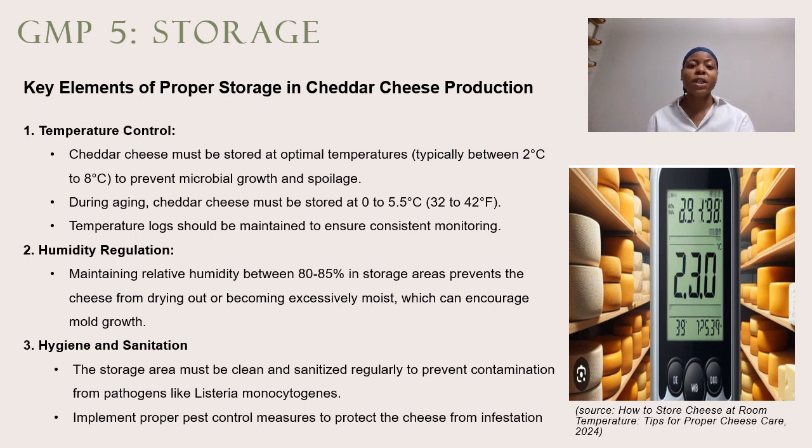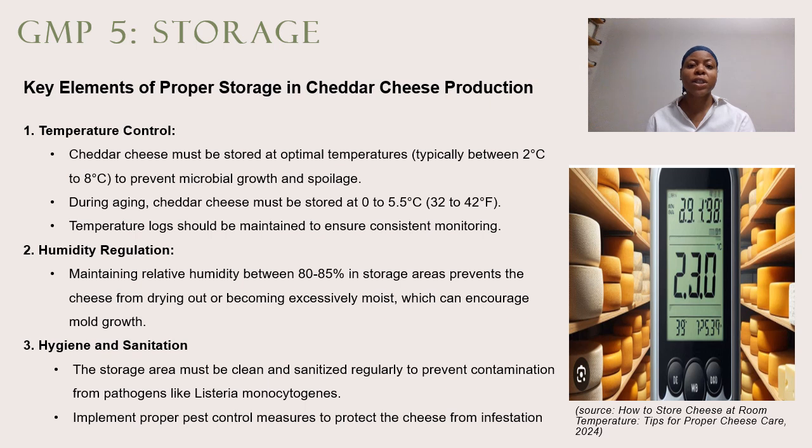Now, one of the key GMP procedures for storage of cheddar cheese is temperature control. Cheddar cheese must be stored at optimal temperatures between 2 to 8 degrees Celsius in order to prevent the growth of microbial organisms or spoilage.